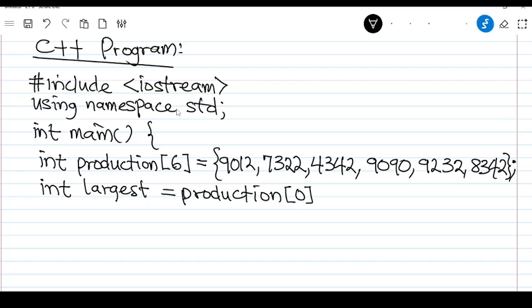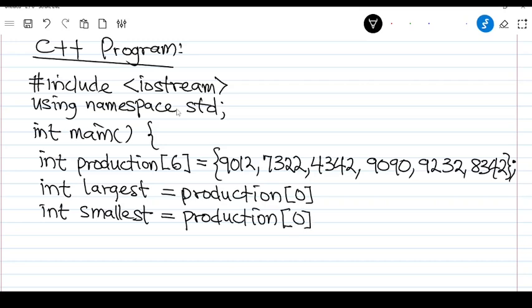The second one is for the smallest, so we say int smallest, and that is also going to be initialized to the first member of the array, production at index 0. Then the next we are going to initialize is the sum.